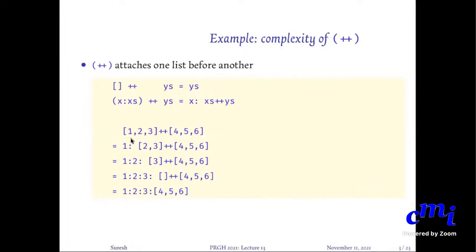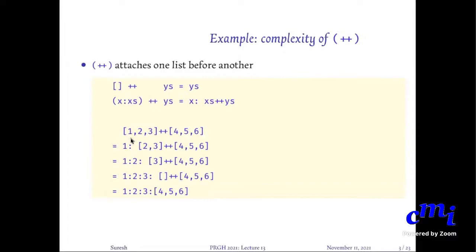Okay, so for instance, if you look at ++: empty list ++ ys is ys, and x:xs ++ ys is x : (xs ++ ys). You recursively do xs ++ ys, and then you stick x in front. So if you want to do [1,2,3] ++ [4,5,6], it recursively proceeds like this.